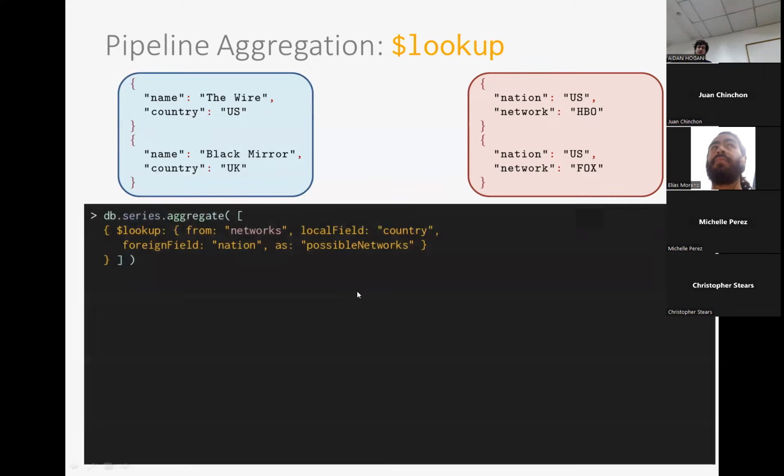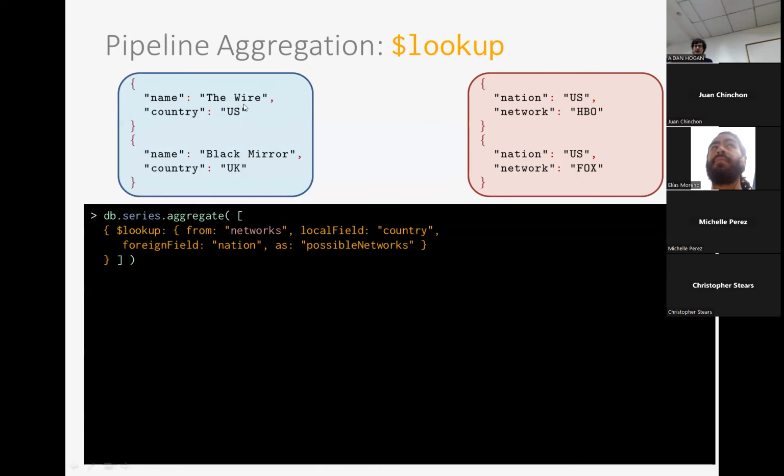So what we'd like to do is join country here in the left collection with nation here in the right collection. We'd like to get information that this could be HBO or Fox, and in this case, there doesn't seem to be any network available that we know of. In order to do this join, we use the lookup operator, and we say from networks, which is basically this collection here.